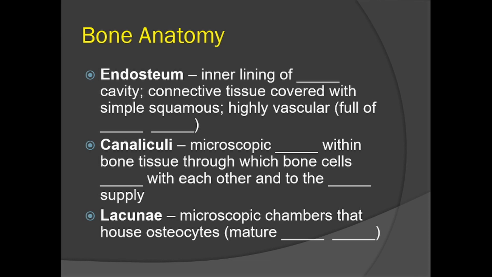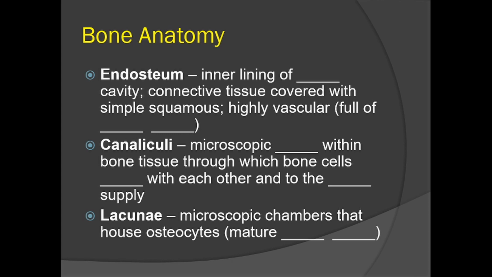And that would be the hard part of the bone, the calcium and the phosphorus salts. We call that the matrix of the bone, the non-living substance that comprises this bone. And bone, by the way, is a type of connective tissue. As I said, it was hyaline cartilage, and it goes through the process throughout our lives of becoming ossified, or the process of ossification. And so it remains a connective tissue.